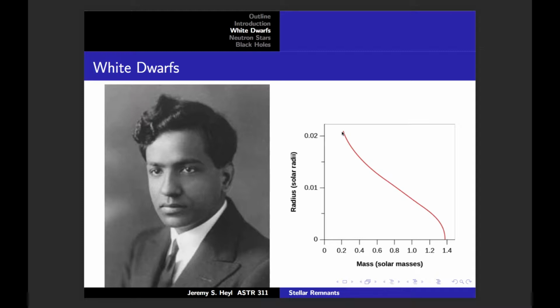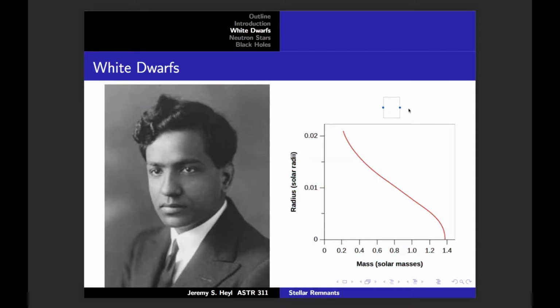As it starts to build up the iron core, when it's 20% of the mass of the sun, it'll sit here, and as it grows, it shrinks, but eventually, if it gets above around 1.4 solar masses, that core cannot hold itself up against itself, right? Its radius is going all the way to 0.